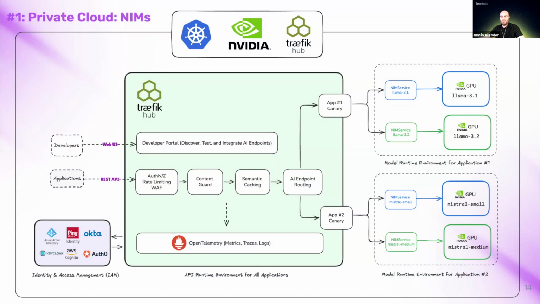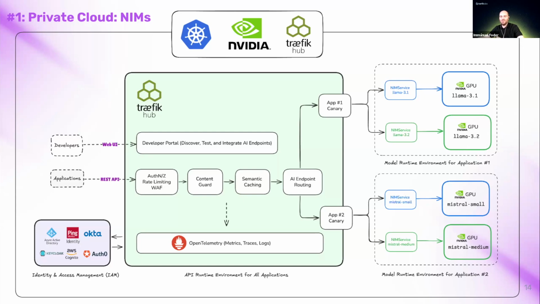First, on the model runtime environment, you basically need some powerful GPUs, or if you run some small models, you are probably fine with CPUs. But I assume here we are talking about enterprise use cases, so maybe it's not even one node that is connected, but a couple of nodes or even tens of nodes.